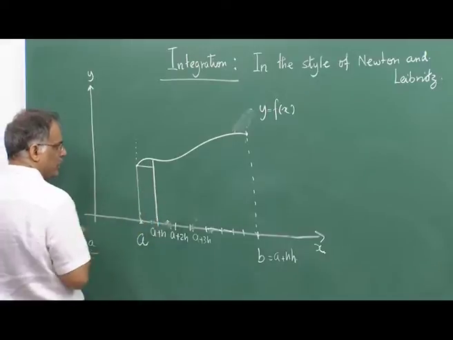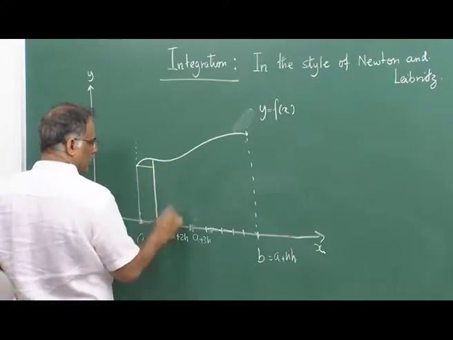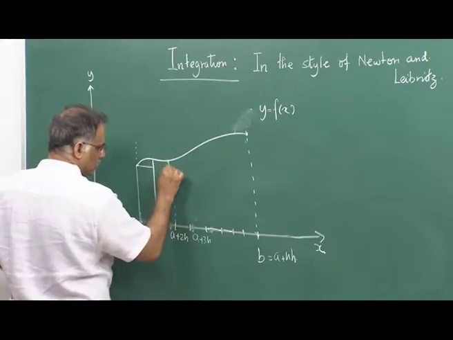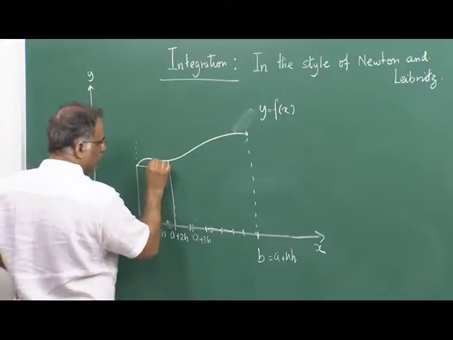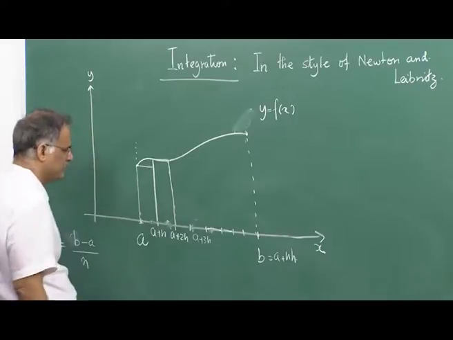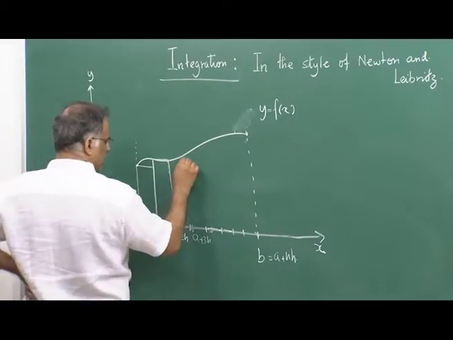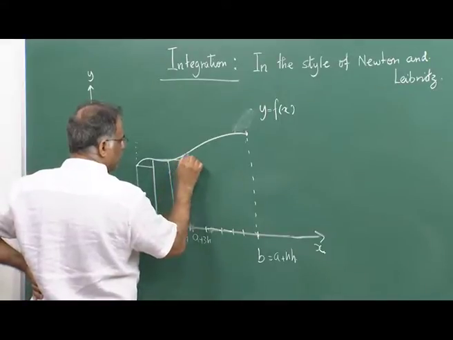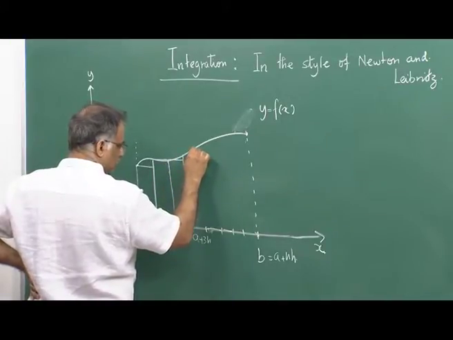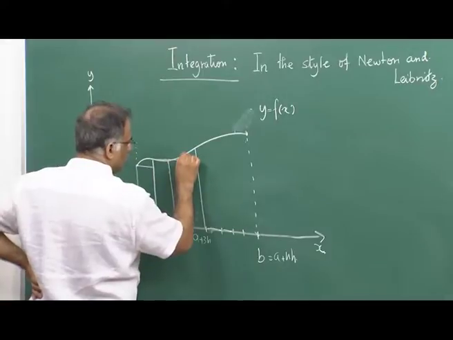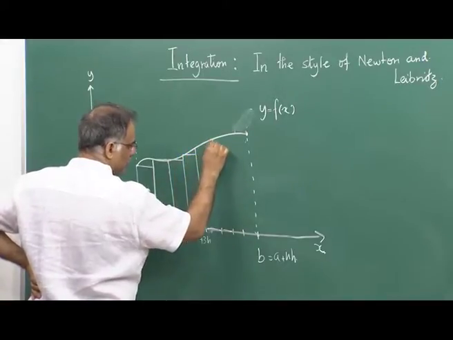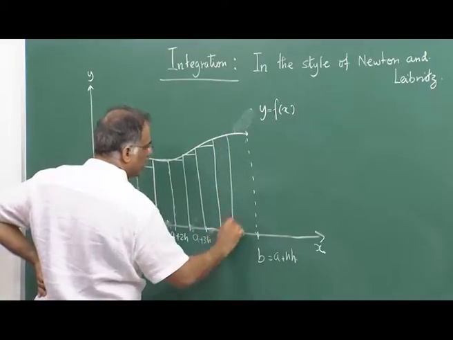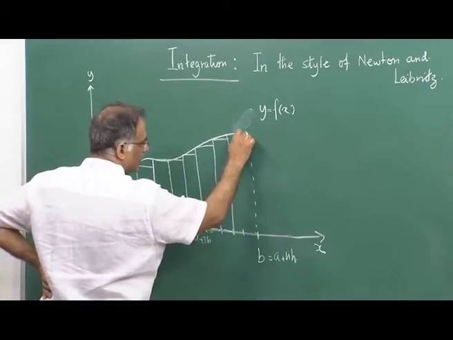So I construct one rectangle. Similarly, I take this one and construct another rectangle, and another, and go on. I am constructing the rectangles and going on. All the rectangles have the same width.